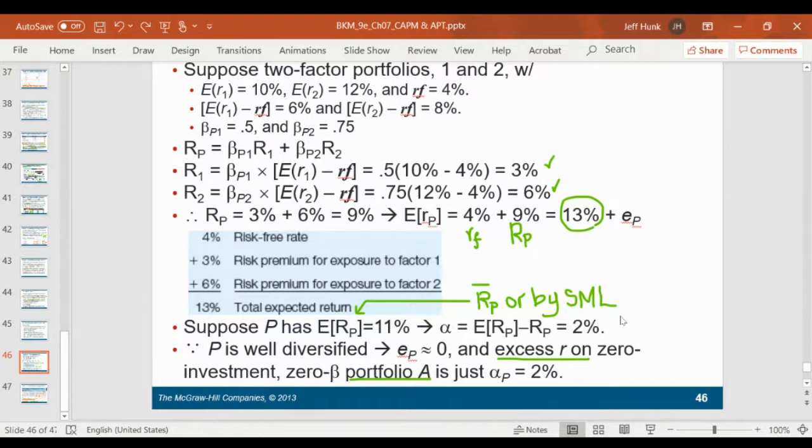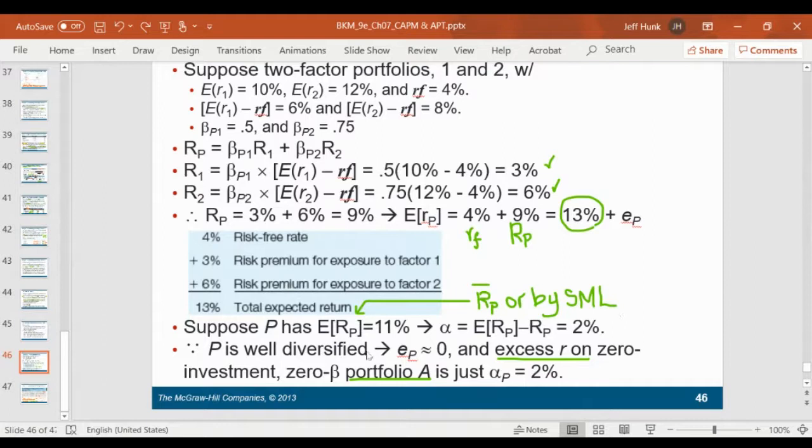And then, of course, in equilibrium, the mean of these risk premiums and the risk premium forecasted by the security market line are the same, right?